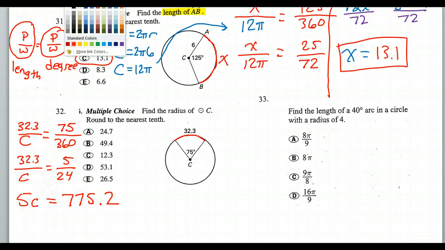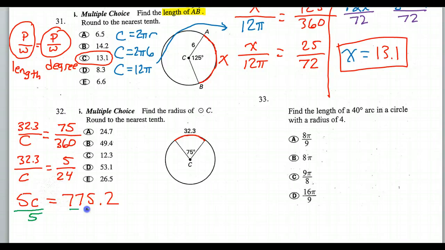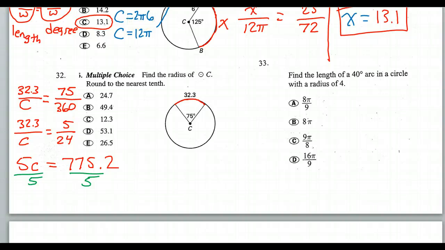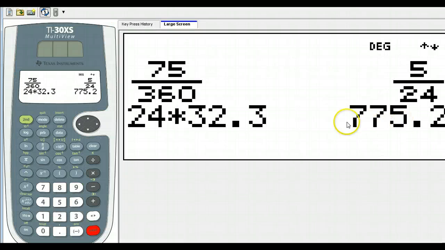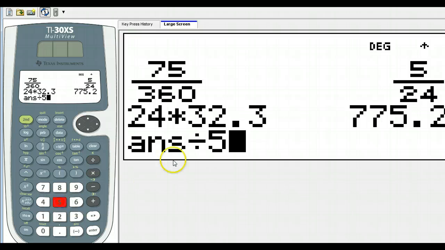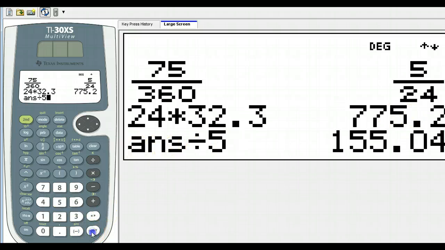Time to divide by 5. I'm going to get whatever I get. I already have that sitting there, so if I want to divide by 5, I can go straight to this button. I don't need to retype it. I can just go divided by 5. That answer is the previous answer.